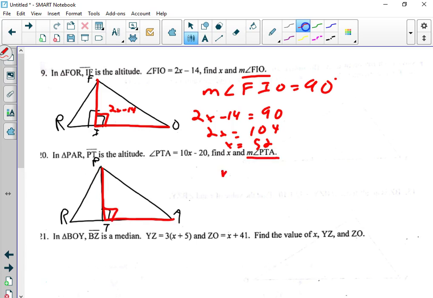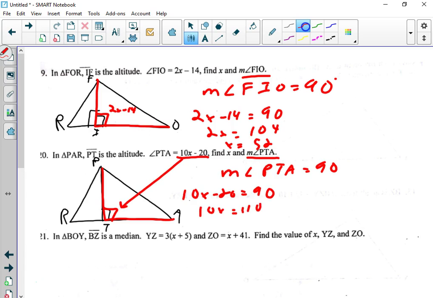We already know that. Measure of angle PTA is 90 degrees. We know that PTA is also 10x minus 20, so we're just going to say that equals 90. Add 20. Divide by 10. X is 11.